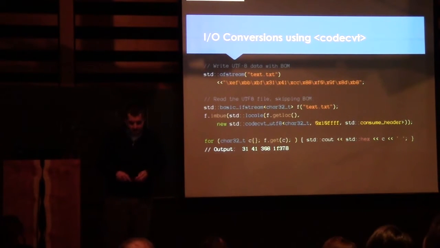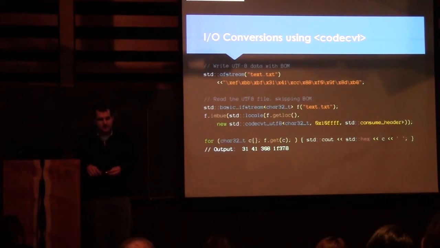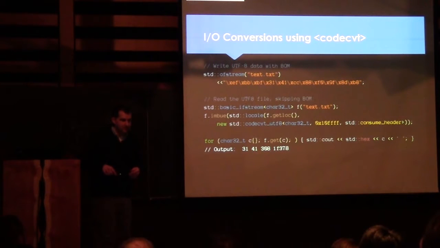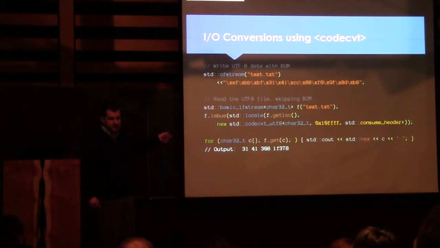I don't know if the char16_t and char32_t versions are. Yes, that may be. So the point was that the char and wchar_t specializations may be pre-specialized and be part of your standard library implementation, and that these other two may not be. Yeah, I don't actually know what the requirements are there. I know that this worked on Visual C++, which was the only implementation I was able to try it on, as libstdc++ doesn't support the codecvt header yet.